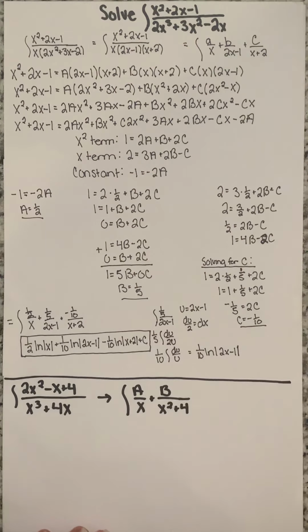And we will get that this is false because x squared plus 4 is a second degree polynomial, so the numerator must be a first degree polynomial, and b is a 0 degree polynomial.